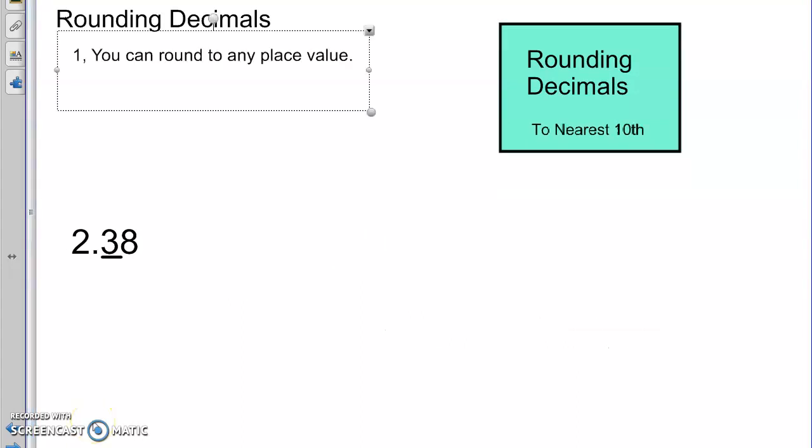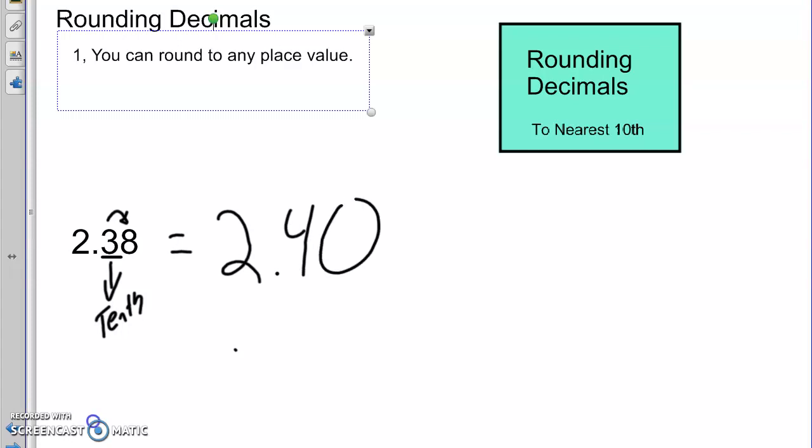When you're rounding to any place value, rounding decimals is nothing different than rounding whole numbers. Right here you see that we have a 3 in the tenths place, so you have to look at the number in the hundredths place. It's an 8, which, if you remember the rule, tells you to go up to the next highest decimal. So when rounding to the tenths place, the number is going to become 2 and 4 tenths because it's going up to the next place value.